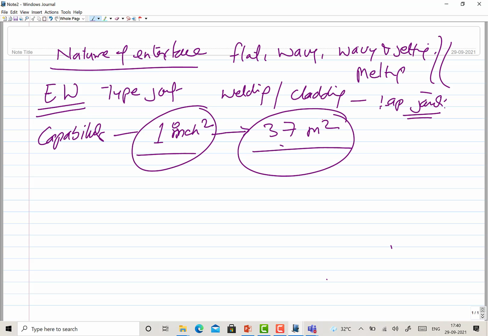Therefore, you need a very large setup for explosive welding, and that is why it is commonly preferred for joining and welding of large surface area components, especially for cladding of large surfaces. Okay, that is one.